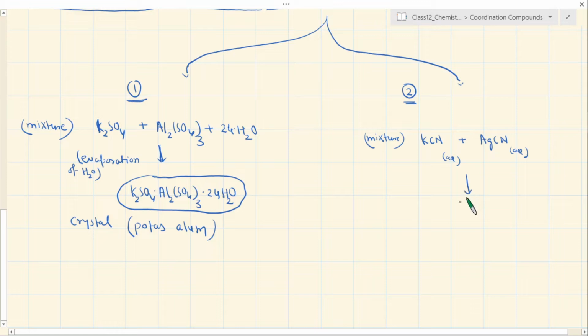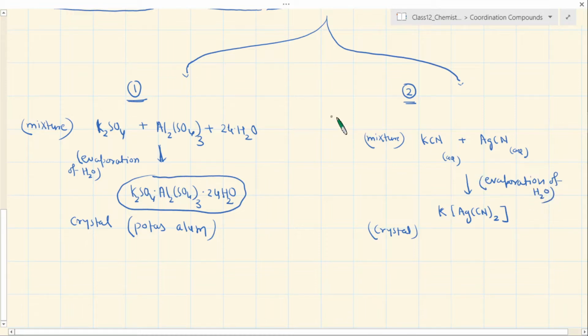They lead to the formation of something different. You will get only one crystal even here, and the compound I am representing right now, let's say, as K[Ag(CN)2]. I will analyze this for you, don't worry about this right now, but you get crystals of this after evaporation of water.